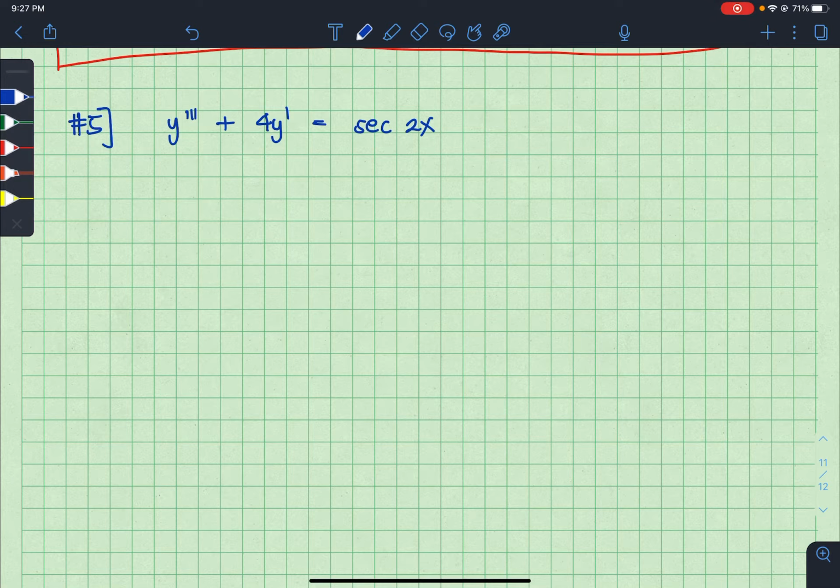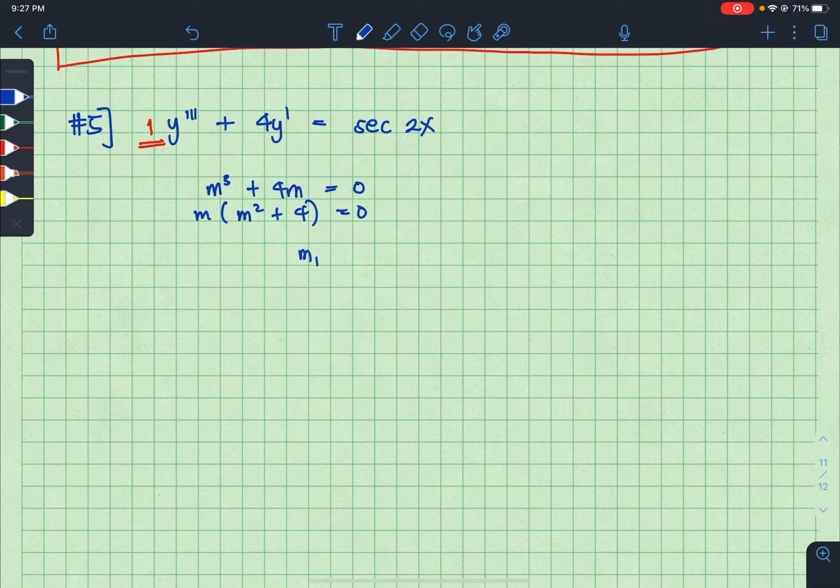Again, the numerical coefficient there is 1, so we're just going to leave it as is. Then this would be m cubed plus 4m is equal to 0. We could factor out m, so m squared plus 4 is equal to 0.